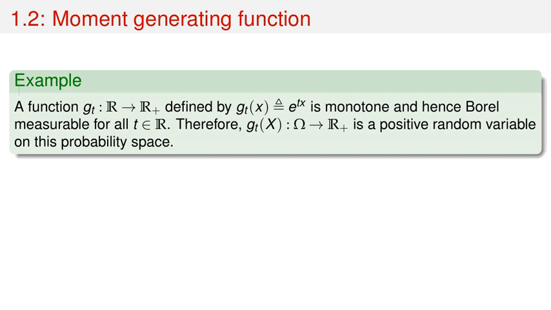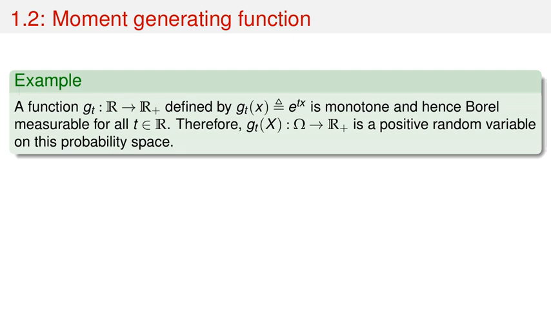Moving on to section 1.2, let's discuss the moment generating function, or MGF. Consider a function g_t mapping reals to non-negative reals, defined as g_t(x) = e^(tx).